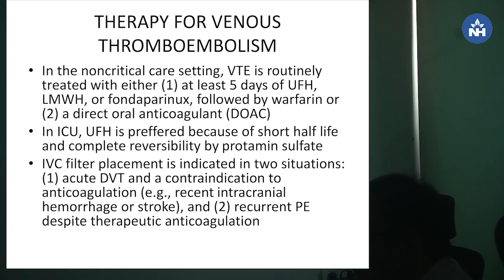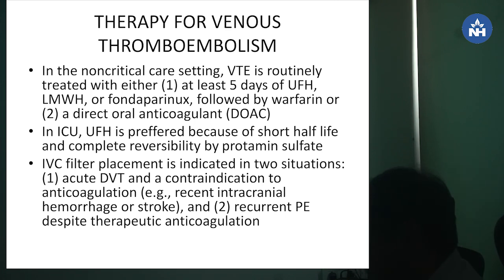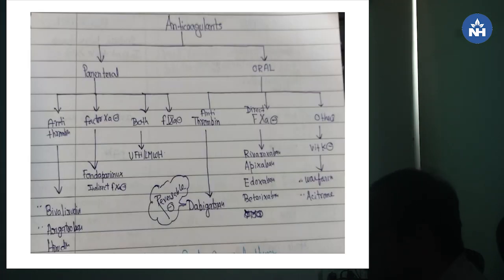IVC filter placement is indicated only in two situations: acute DVT with a contraindication to anticoagulation, like recent intracranial hemorrhage or stroke, cerebral malignancy or any bleeding diathesis; and recurrent pulmonary embolism despite therapeutic anticoagulation. So this is about anticoagulation.